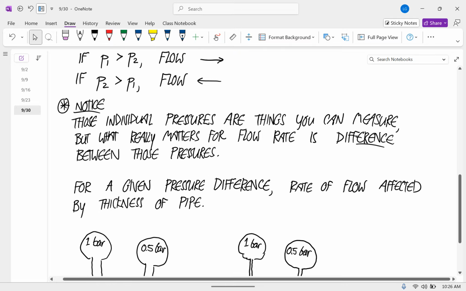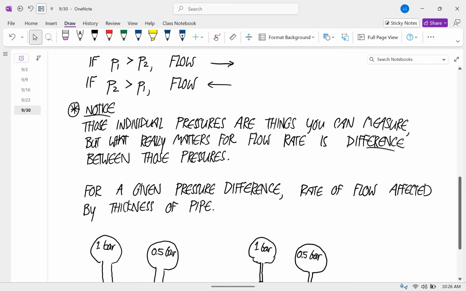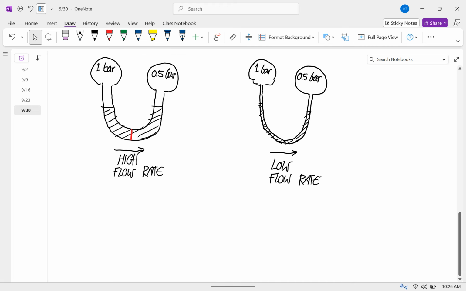So now we're going to think about each one of these things in terms of electrical quantities. So here's the analogy.